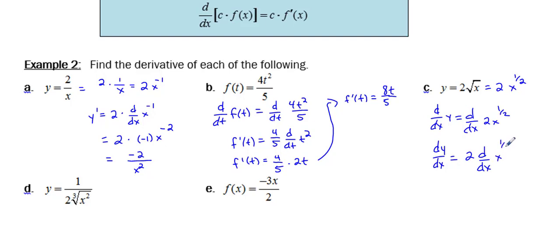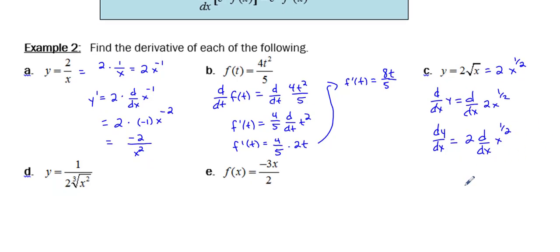Again, I'm overdoing it a little bit to demonstrate this rule. We need to know that all of this is equal, just different forms. 2 times, what would that be? 1/2 x to the negative half, right?